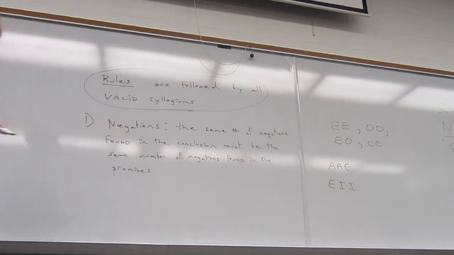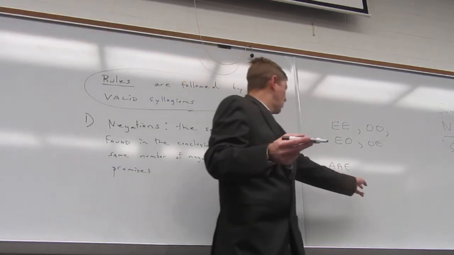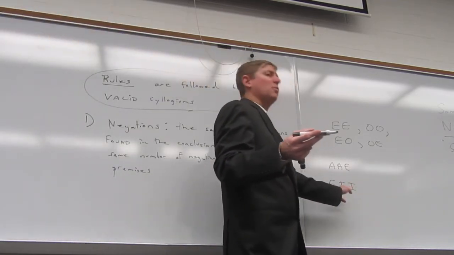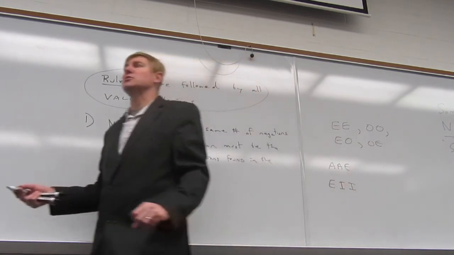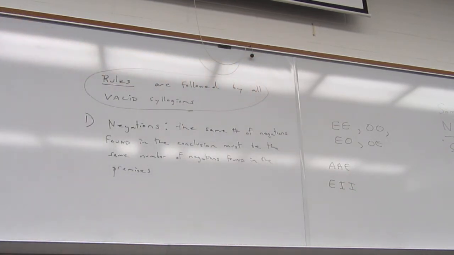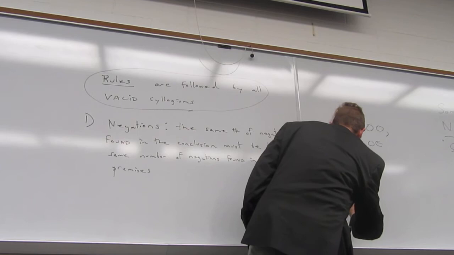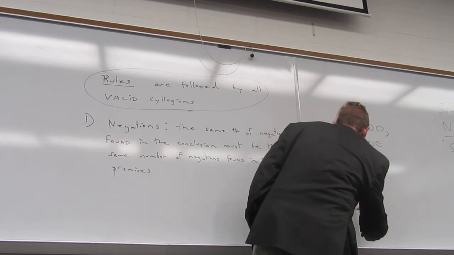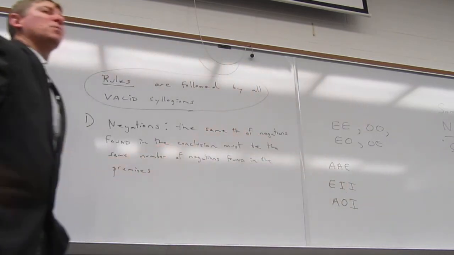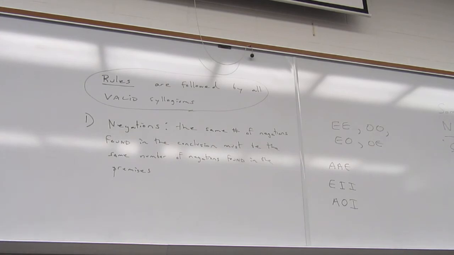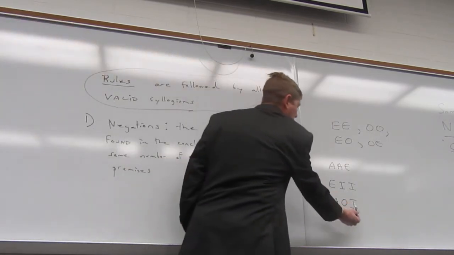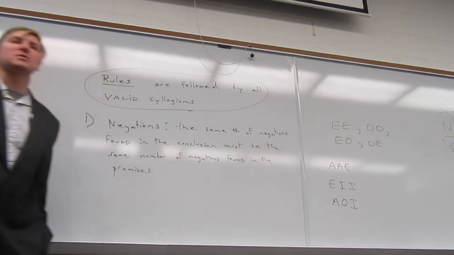Suppose you saw an EII. Will that be valid or invalid? Invalid. Invalid because we got 0 negations in the conclusion, we've got 1 in the premises. Give me another example. That one will also be invalid because you got 0 negations in the conclusion, you got 1 in the premises.